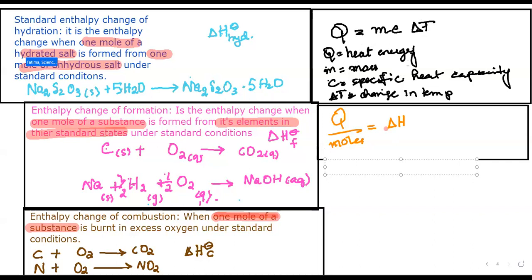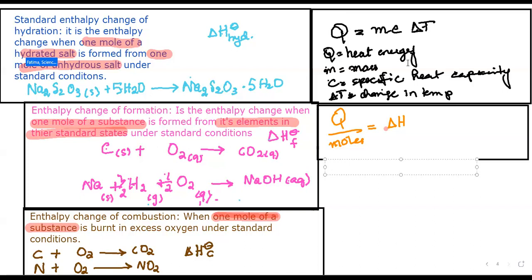Those are the only two options you have to calculate the enthalpy change of any reaction. Either use Q = mcΔT, put the solution in an insulated cup, add your reactant, note down the change in temperature, and do the calculations, or calculate the enthalpy of the product and the enthalpy of the reactant.